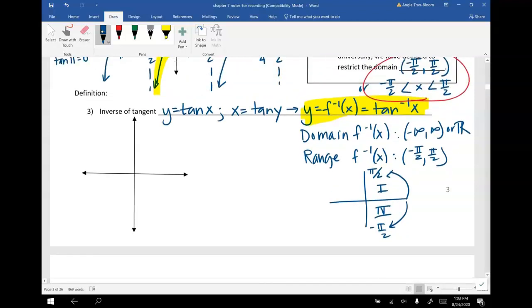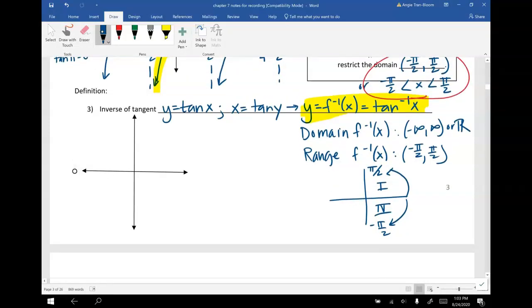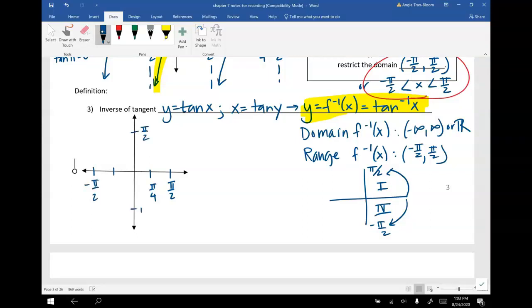So let's go and sketch out our inverse really quickly. All I need is 0 all the way to π/2, okay? π/2 is here, π/4 is here. And negative π/2, negative π/4. Okay, so those are my pi's.